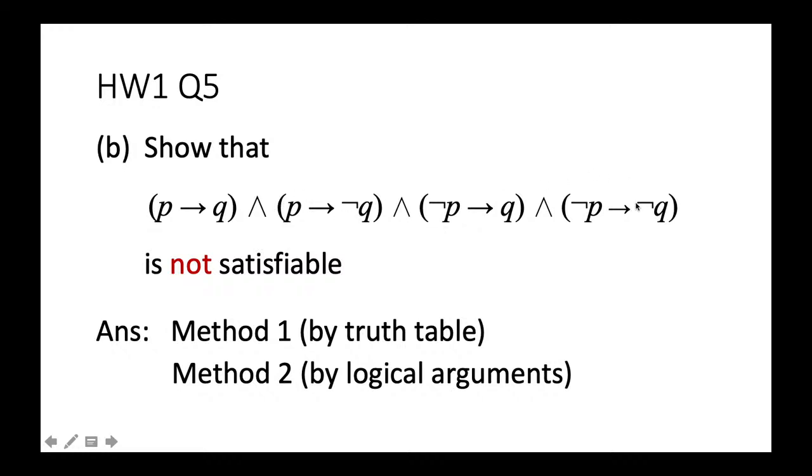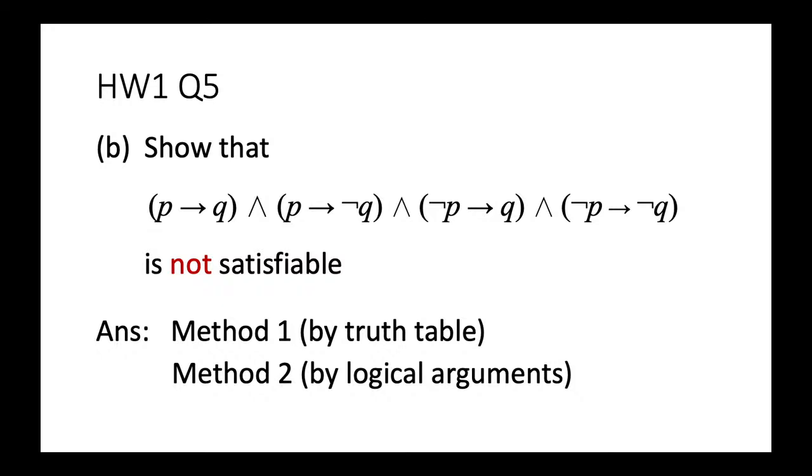So in summary, the overall formula must be false, so that means that it is not satisfiable. So we can also show this is not satisfiable by using this kind of logical argument.